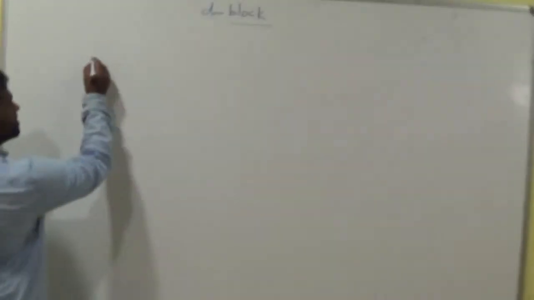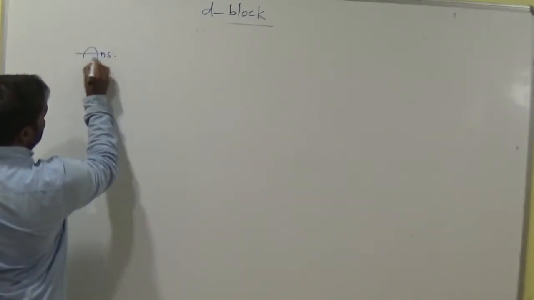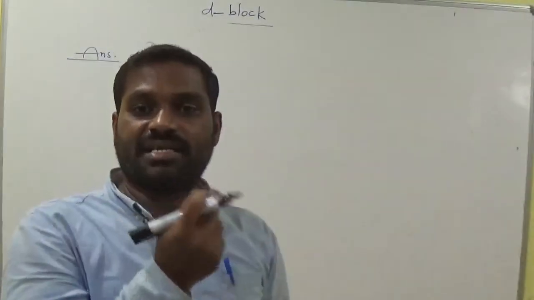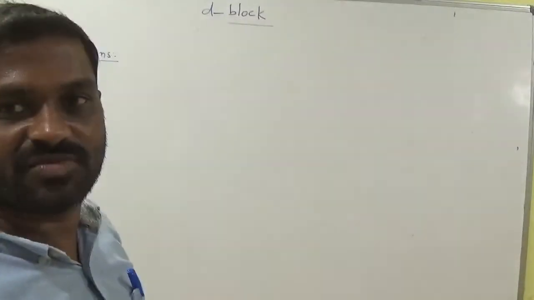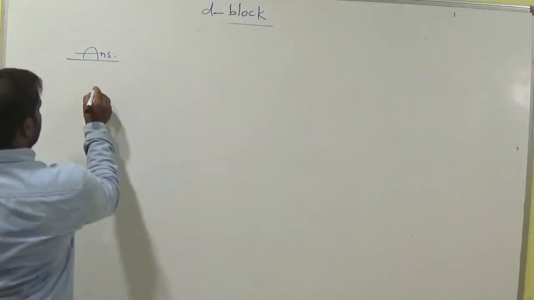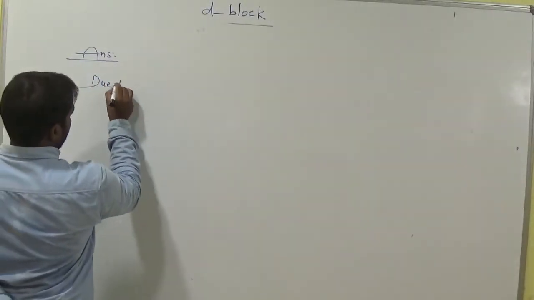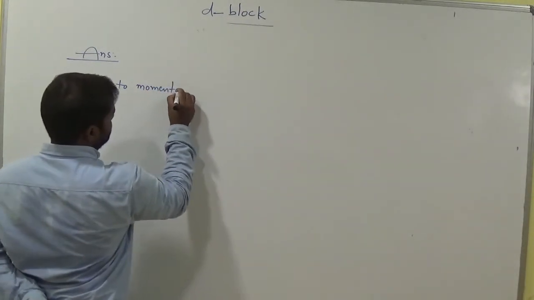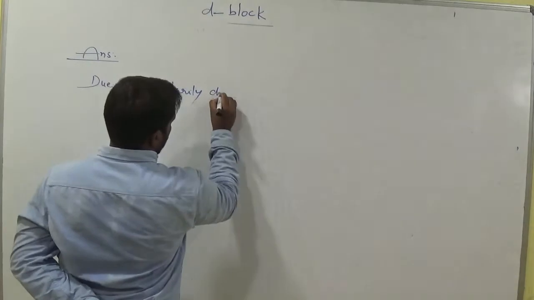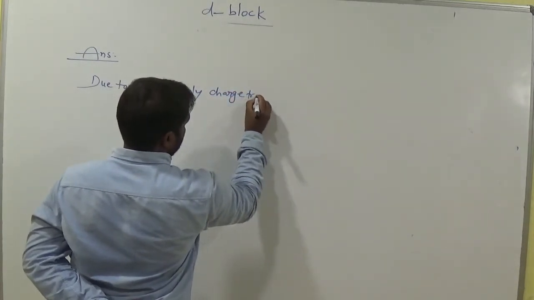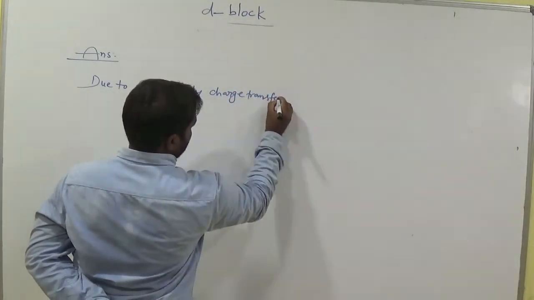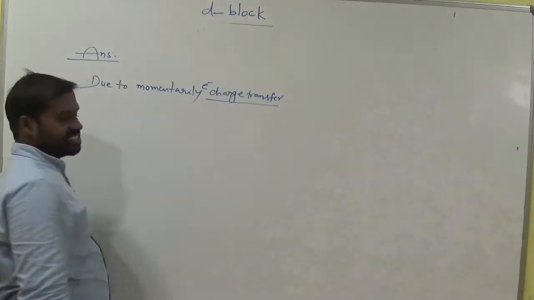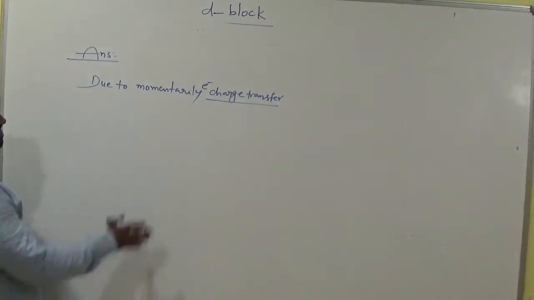Actually, these ions don't show colors, but in these compounds they exhibit different colors. What is the reason? The answer is charge transfer. Electron charge transfer. Okay. So what is the meaning of this?